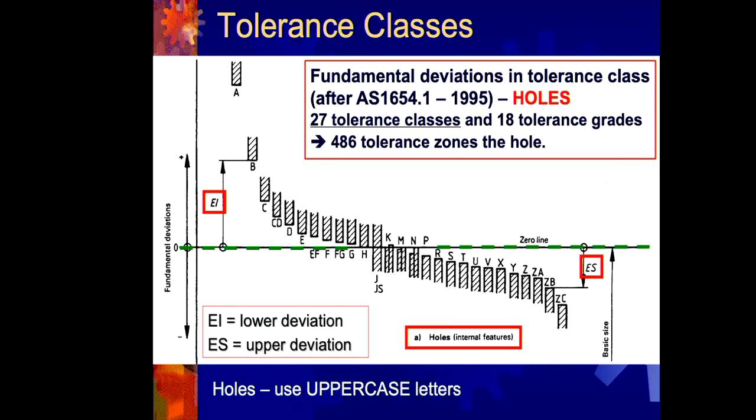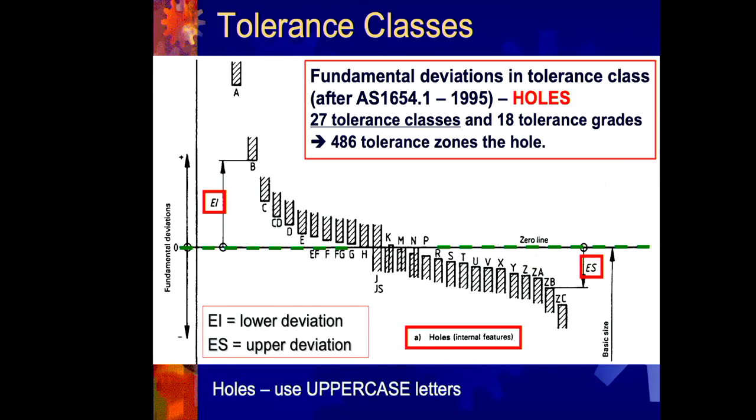The IT grade that I've just talked about gives us how thick or how high each of those tolerances are. This, whatever letter value we're looking at, is merely looking at how far away from that zero line we want to be. And this is the standard. This is what engineers have used for many a year. What important feature? The H, so I talked about the base fit, H is right on the zero.